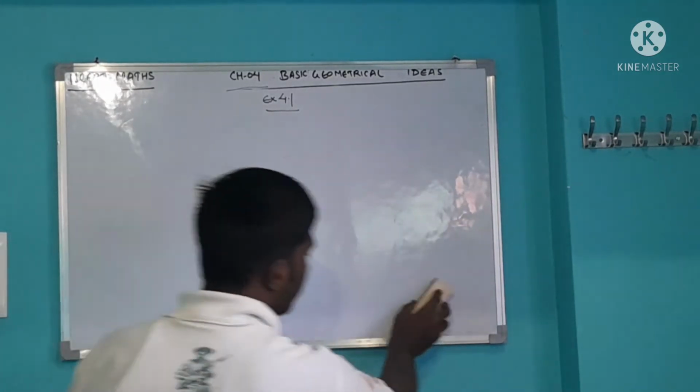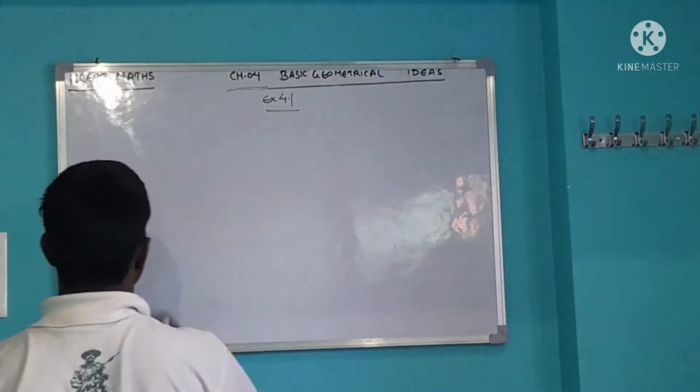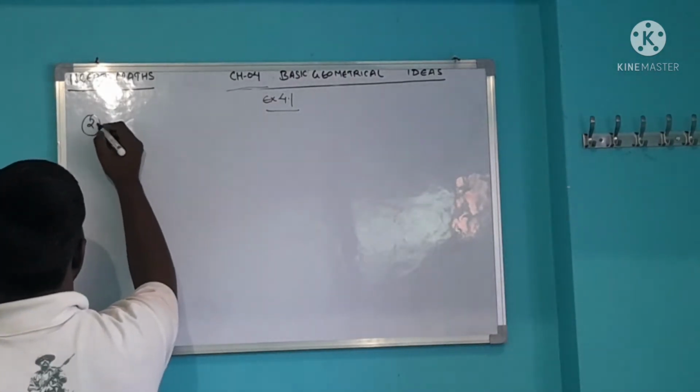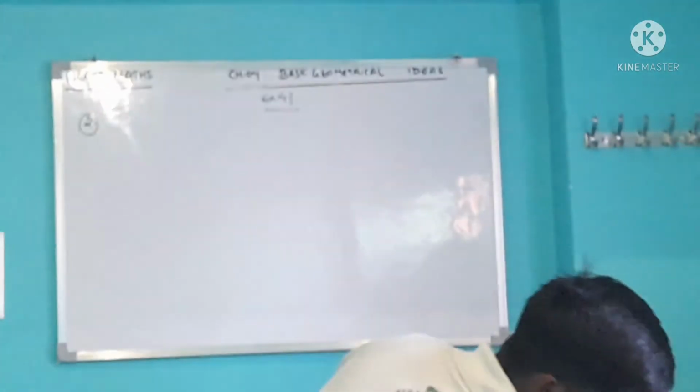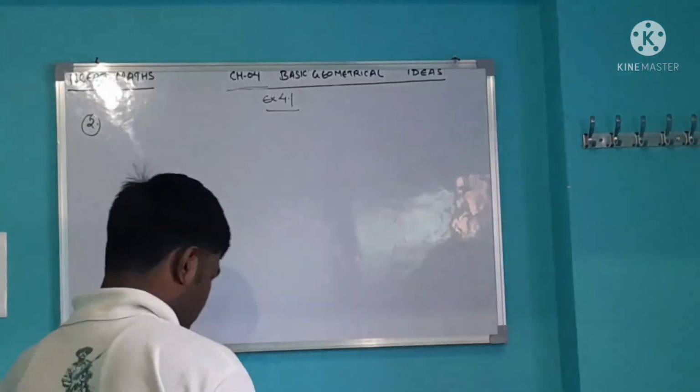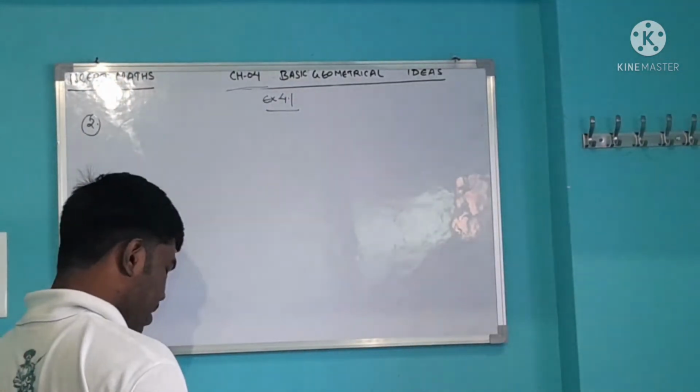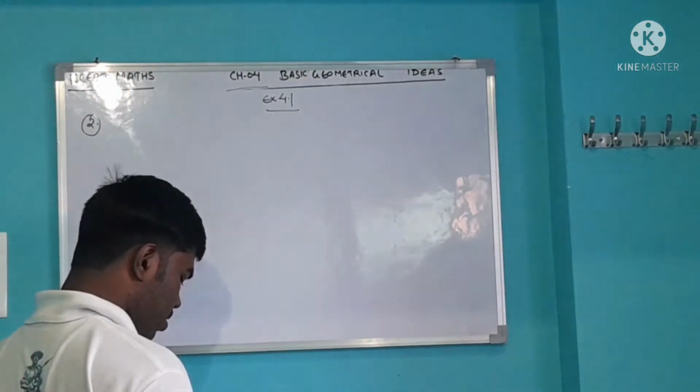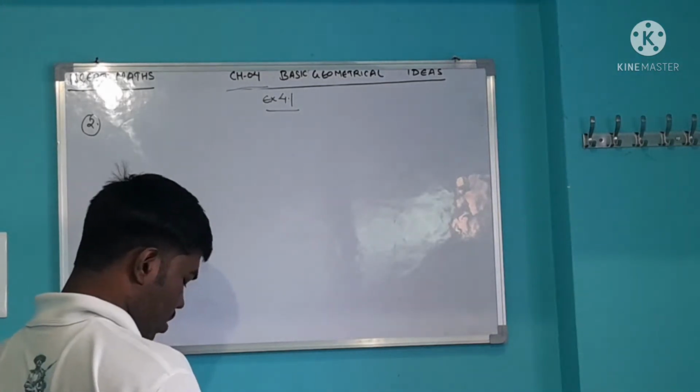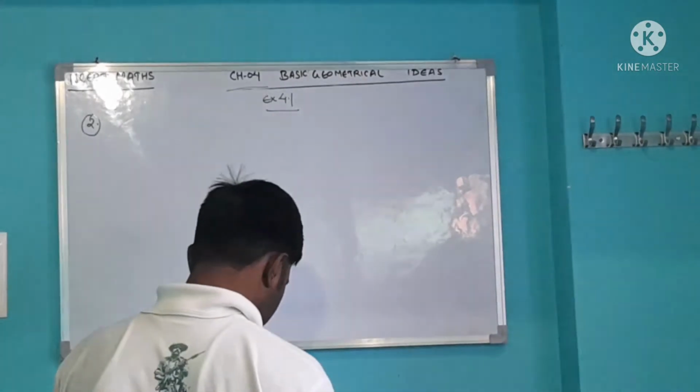Let's see our second question. In second question we need to name the lines given in all possible 12 ways, choosing only 2 letters from the given.